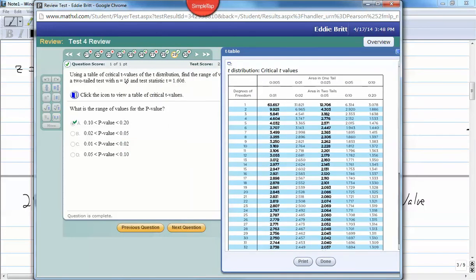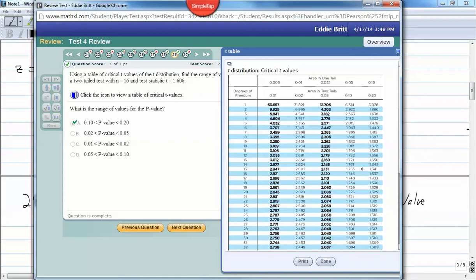Remember, n was 16, so that means that we need to go to degrees of freedom 15. Now, where would our test statistic lie? Well, it was positive, so we don't have to make it positive. So ours, 1.606, is between 1.341 and 1.753.